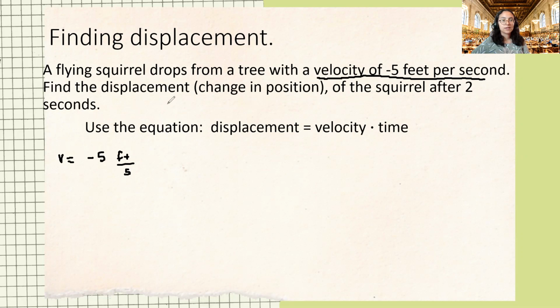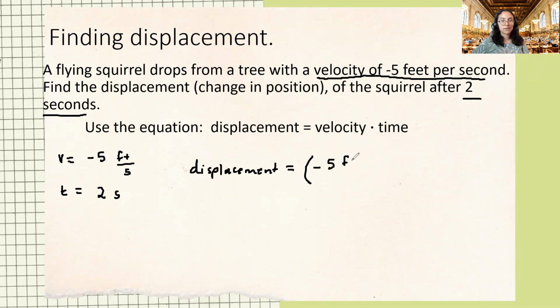And I'm going to find time. It says of the squirrel after 2 seconds. So that's my time. t is equal to 2 seconds. Now I'm going to substitute it into this equation. So displacement is equal to velocity, and we were told that's -5 feet per second times time, which is 2 seconds.